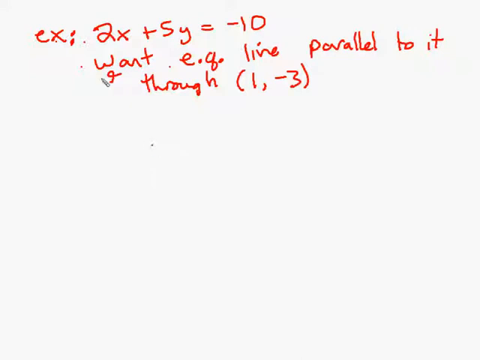So we're given the equation of the line, and what we're going to do is we want to find another line that's parallel to it, but also goes through a certain point.